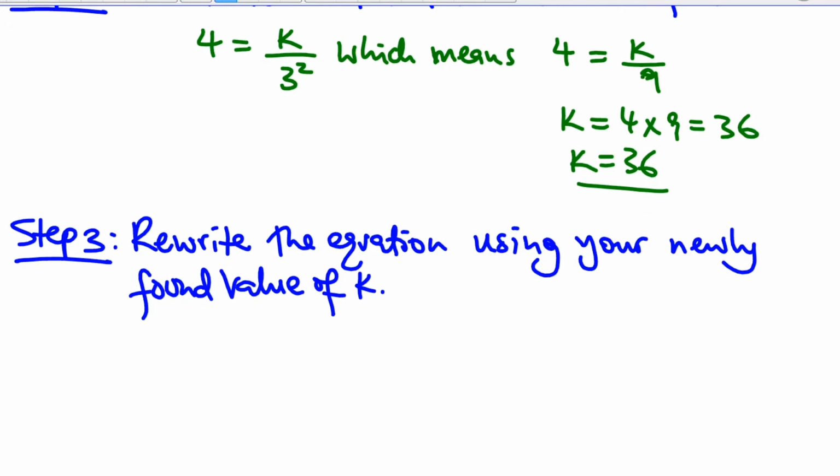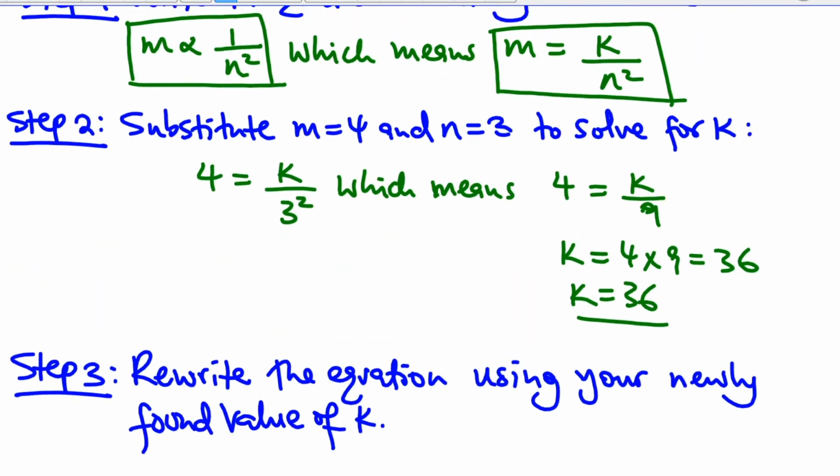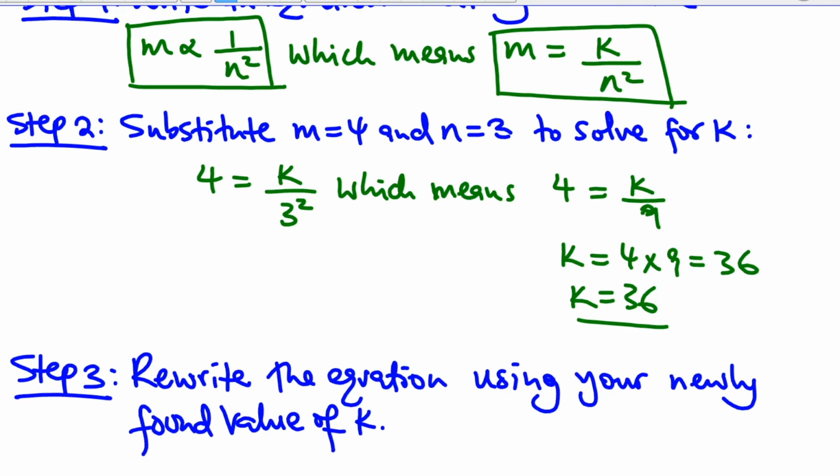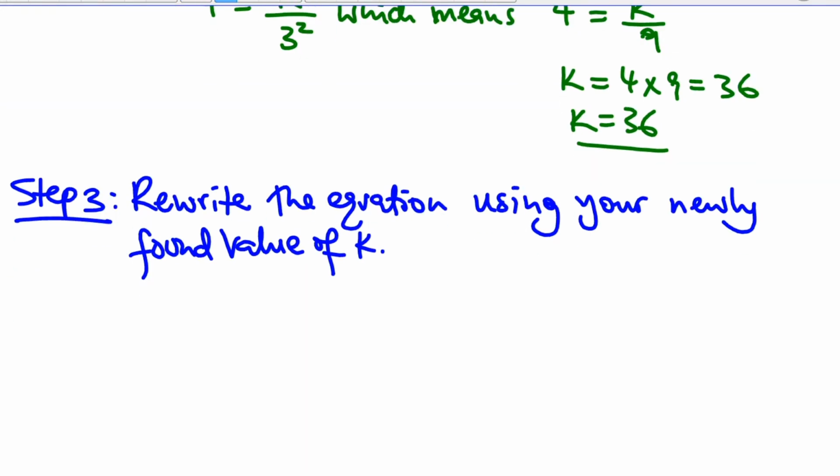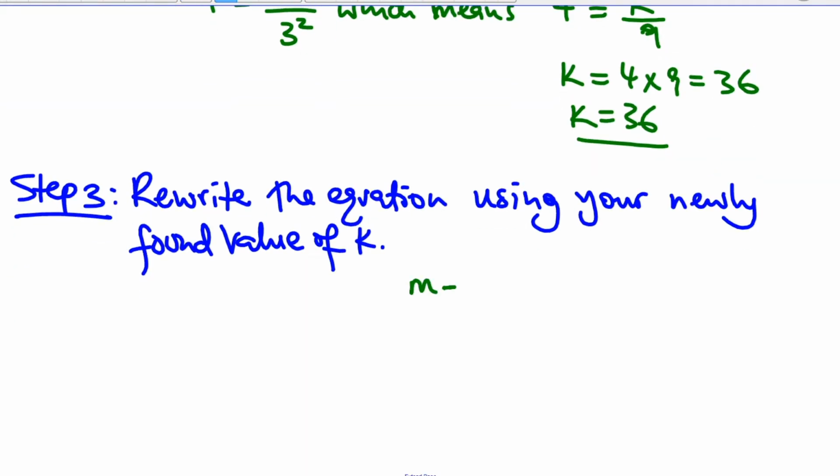Which means that m will be equal to k, which is 36 over n squared. So m will be equal to 36 over n squared.